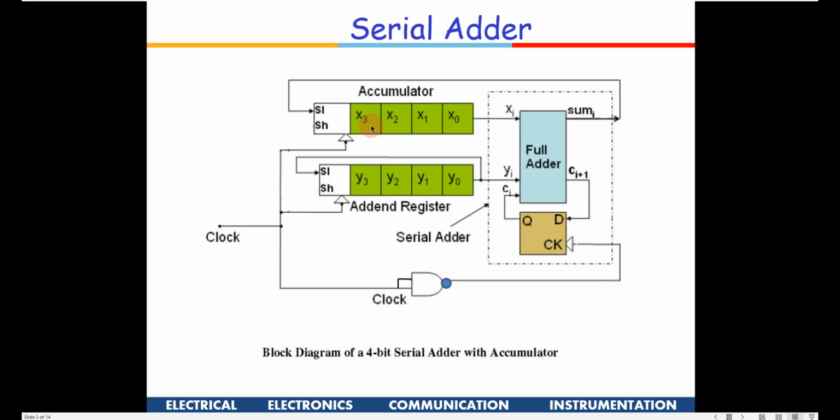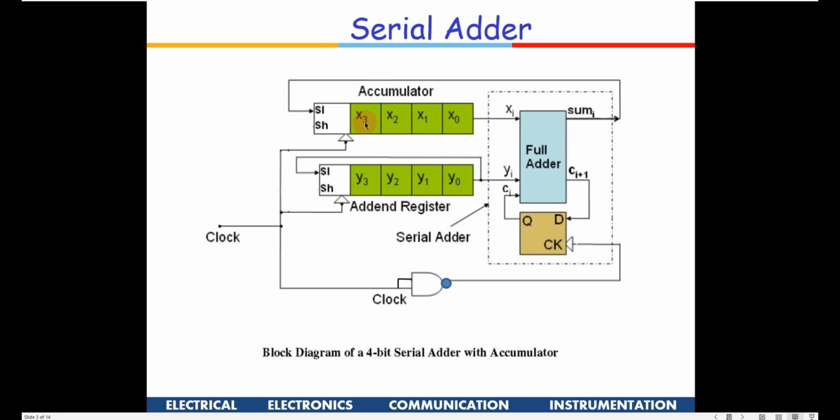This is one 4-bit data which I need to add with another 4-bit data, which is y0, y1, y2, and y3. The net result is going to be available in this particular register, that is why it is known as the accumulator.